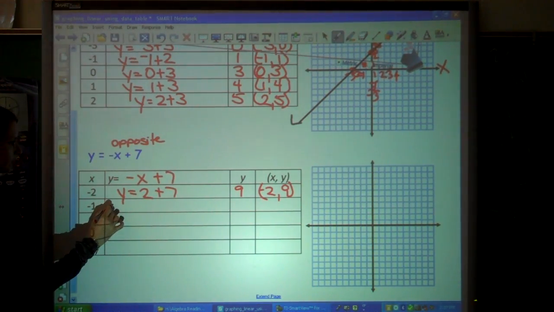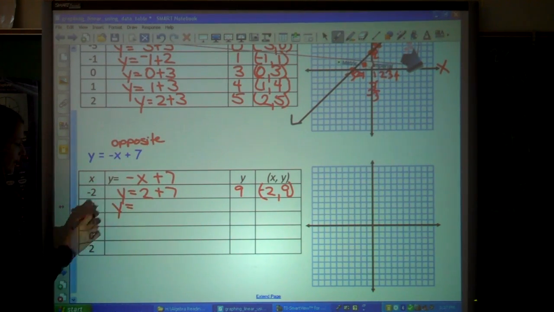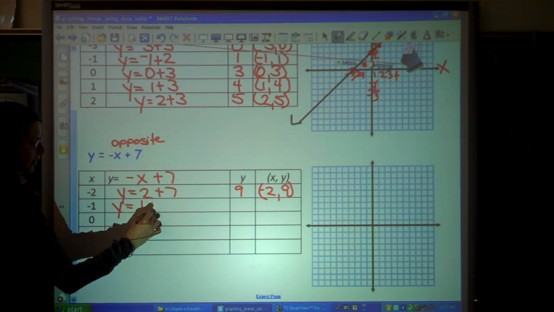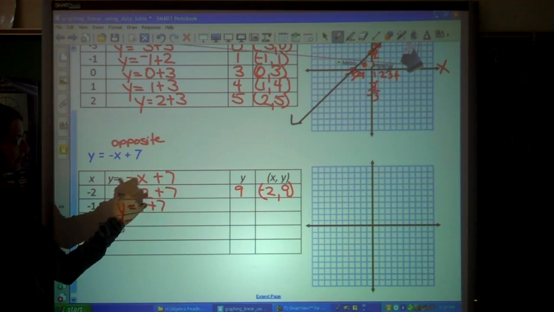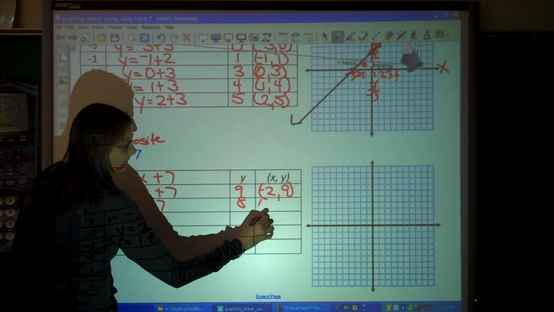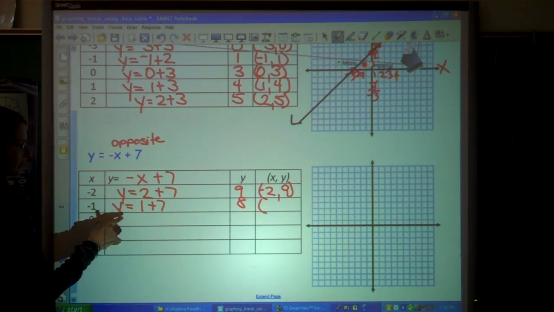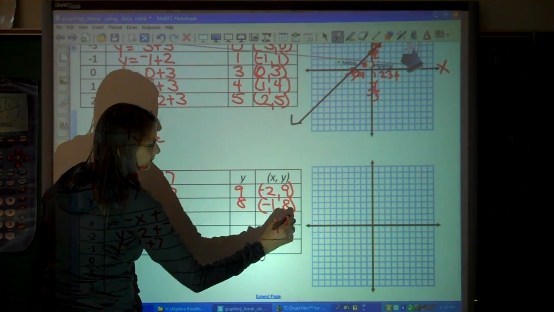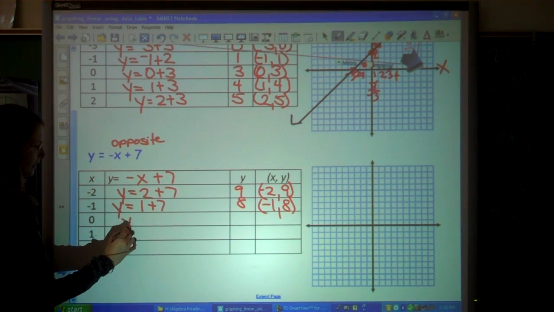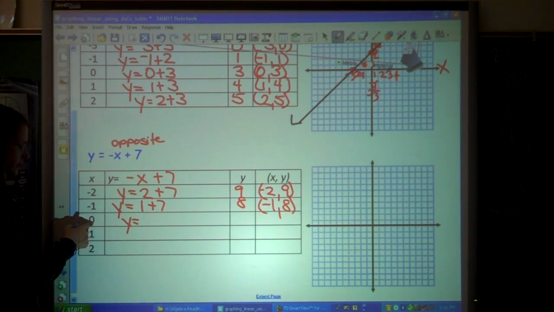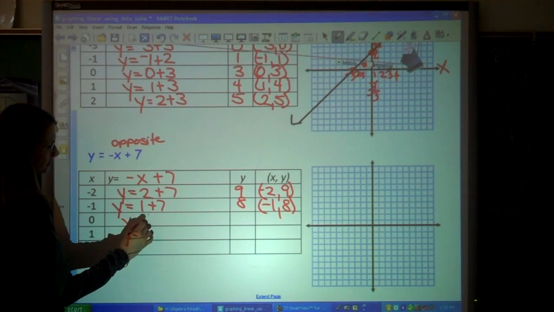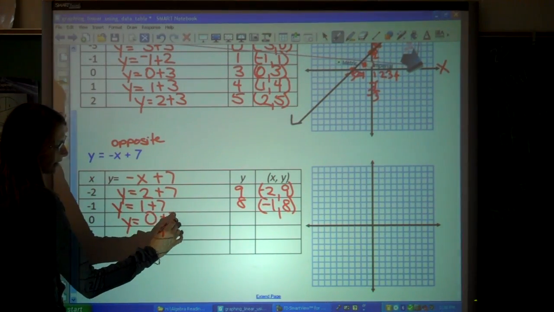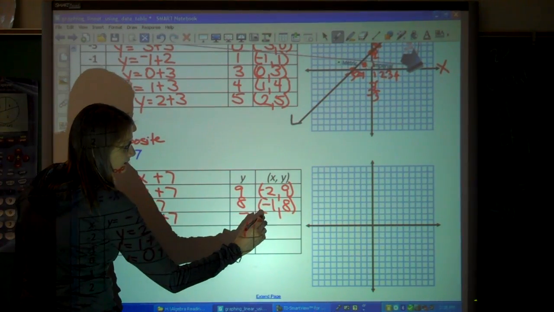For this next one, y equals negative negative 1, so that really makes it a positive 1, plus the 7 makes an 8. So when x is negative 1, y is positive 8. Y equals, now negative 0, there's no such thing, it's just 0, plus 7, and that gives me 7.